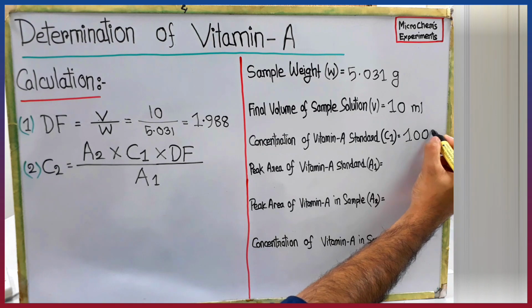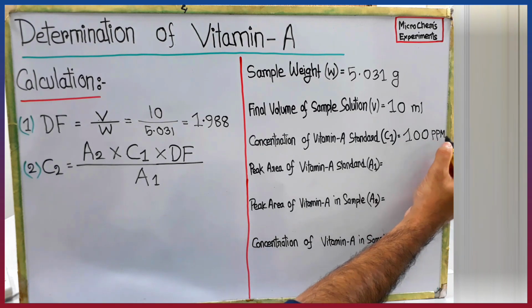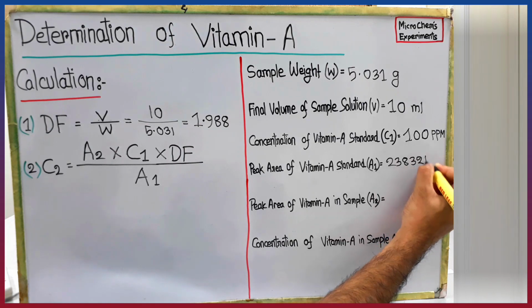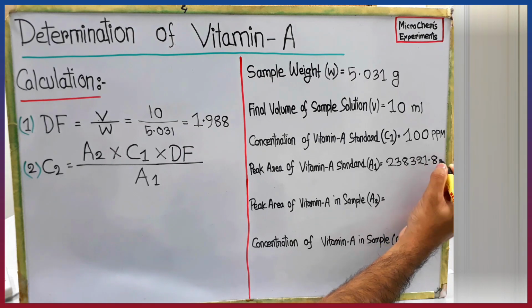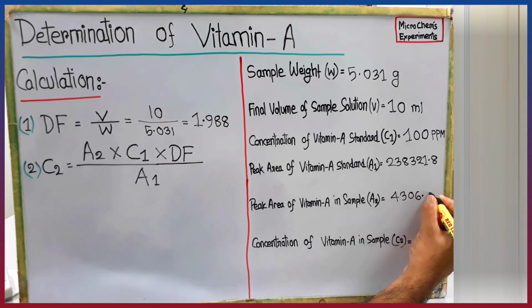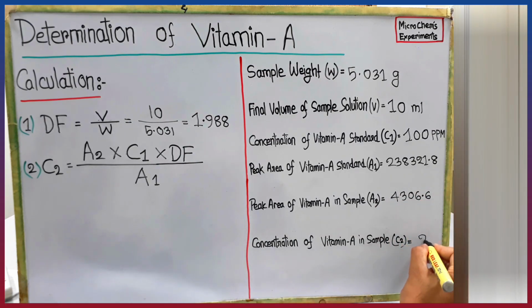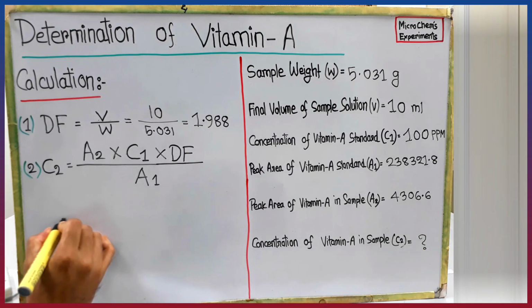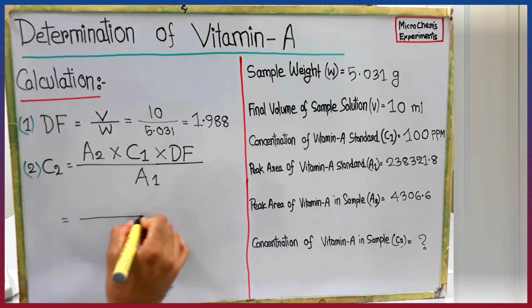Vitamin A standard concentration C1 is 100 ppm. Area of 100 ppm Vitamin A standard A1 is 23832.18. Area of Vitamin A in the sample A2 is 4306.6. Now solve the equation 2 for the determination of Vitamin A concentration in the sample.